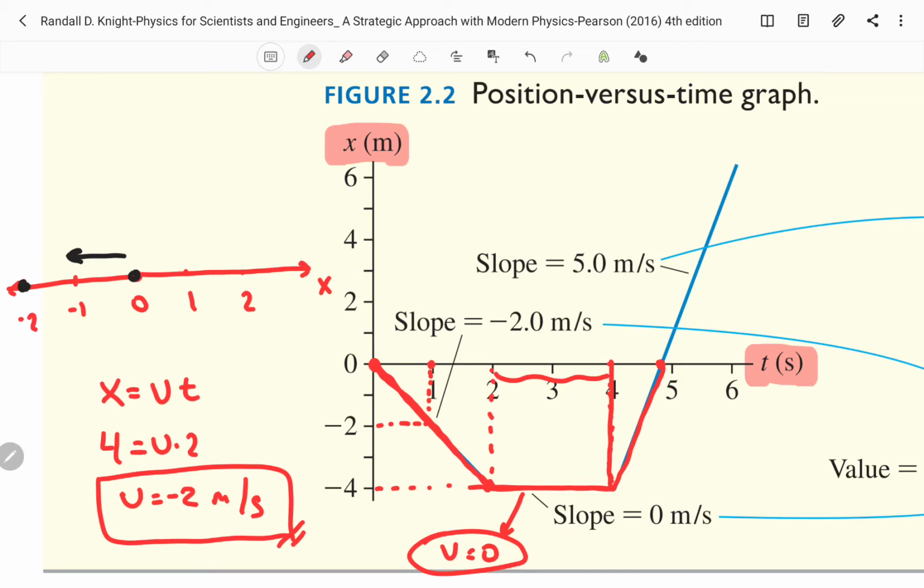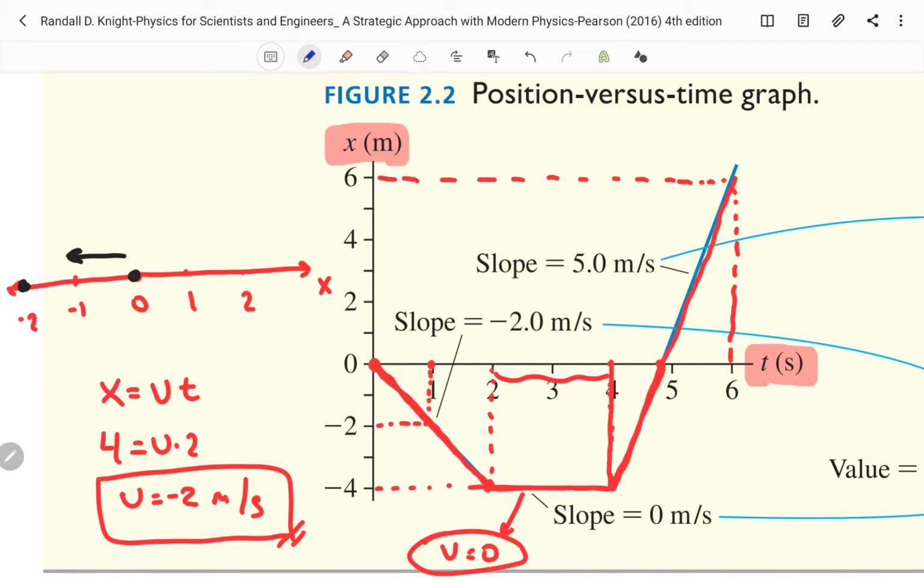So it means the car started moving to the right. We should expect a positive number for velocity because it's moving to the right. At 6 seconds, position becomes, I think, 6 meters. Yes, approximately.